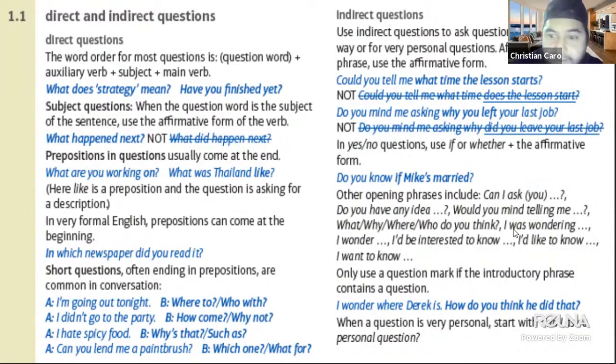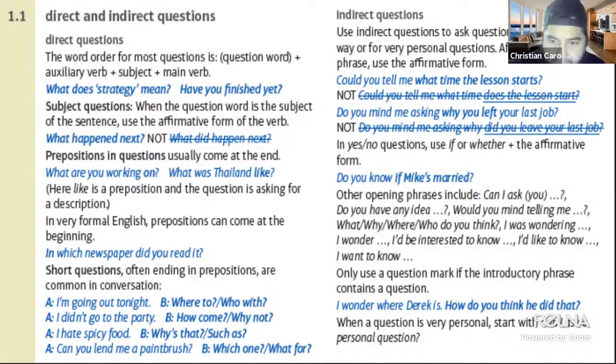I was wondering if, for example, I was wondering whether, but it depends on the rest of the idea, the context, to use whether and if. I wonder if, normally I wonder if. I'd be interested to know, I'd like to know, I want to know. So all of them are introductory phrases or opening phrases, right?